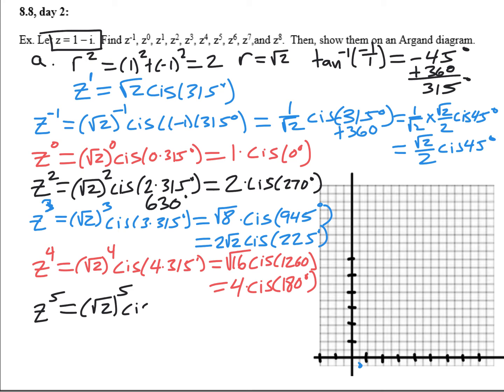Square root 2 to the 5th, CIS 5 times 315, right? And then each of these, my next step is I just apply that. 2 to the 5th power is 32, but that's still all underneath the square root. And when I do 5 times 315, I know I'm going to get a really, really large angle, way too big to give as my final answer.